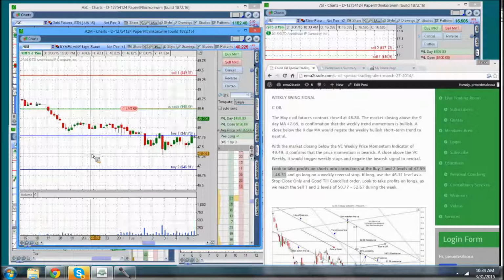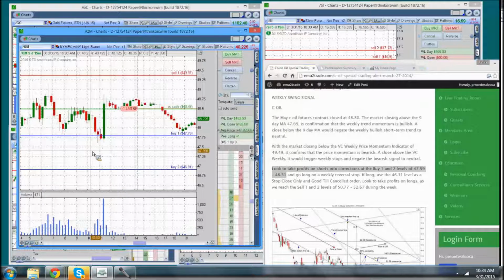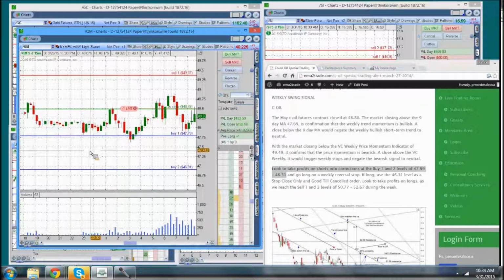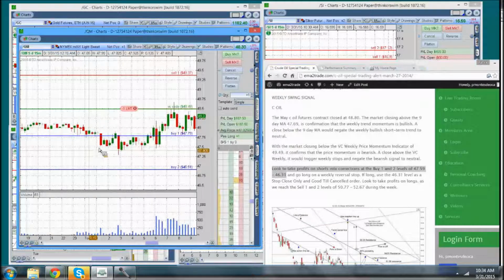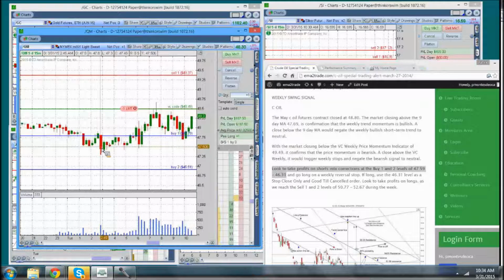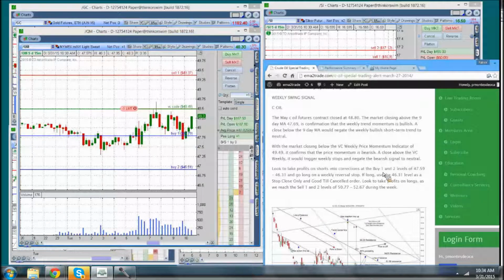The market, as you can see on the left chart, made a low of 47.30 at 2:45 a.m., activating the buy 1 signal on the weekly oscillator, on the weekly algorithm.